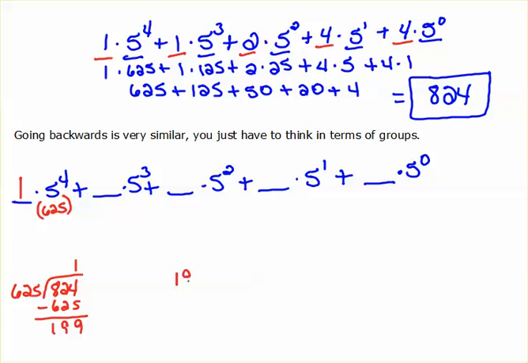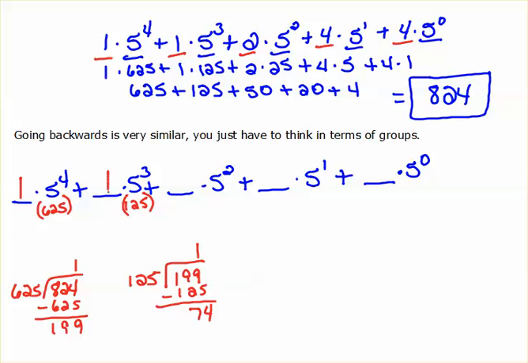Okay, so now we have 199 that we're working with. Our next place value is worth 125. So I need to divide this by 125 and see how many of those groups are in 199. So 125 will go into 199 once, and if I finish doing the division, that's going to leave me with 74 left over.